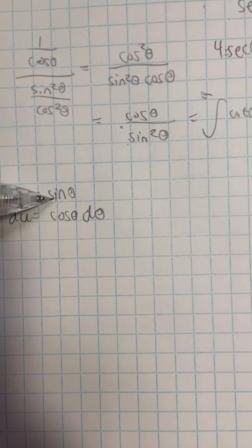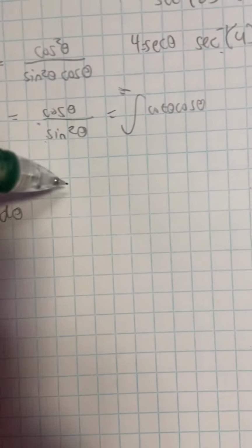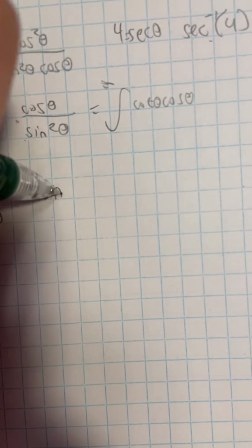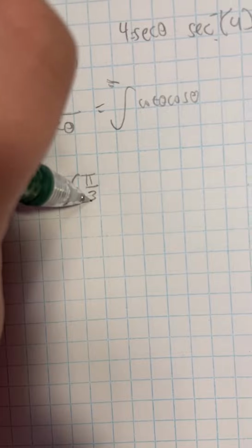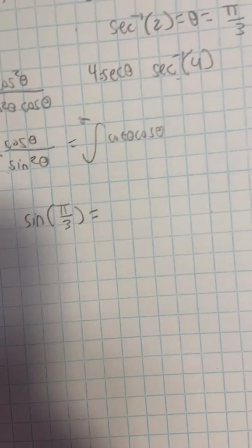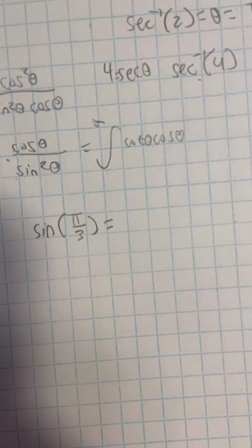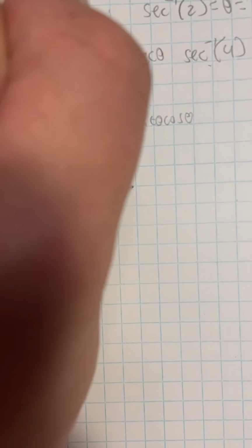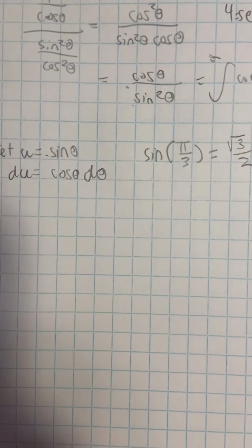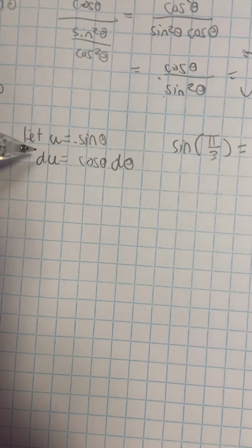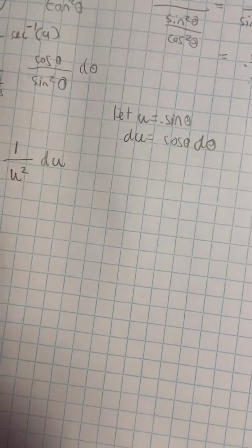Then sine of theta is equal to u. So the sine of pi over 3 is equal to the square root of 3 over 2. A nice fraction.